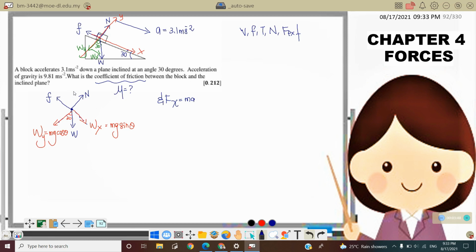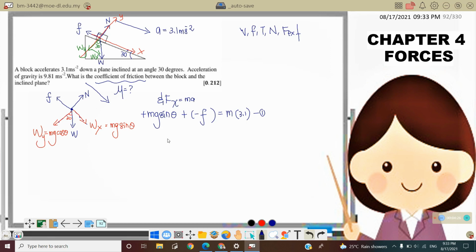The motion is moving downward, so Wx, or mg sine theta, is positive because it is in the same direction as the motion, plus negative frictional force because its direction is opposite to the motion, equals ma. a is 3.1. This is our first equation.